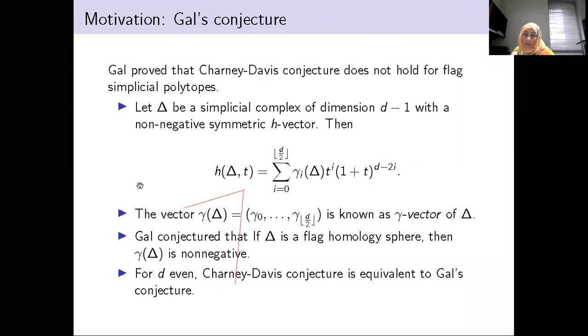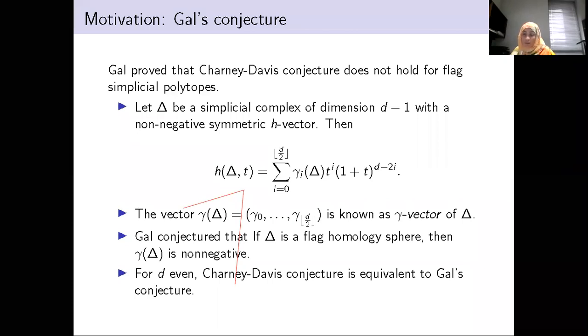Excuse me. Yes, Shaheen, there is a question: what is a flag simplicial homology sphere? Okay, as I said, flag means that if you are considering the non-faces, the minimal non-faces must be of dimension 2.